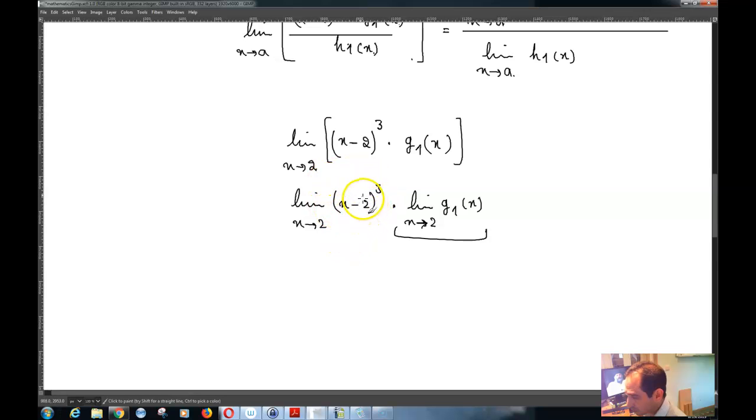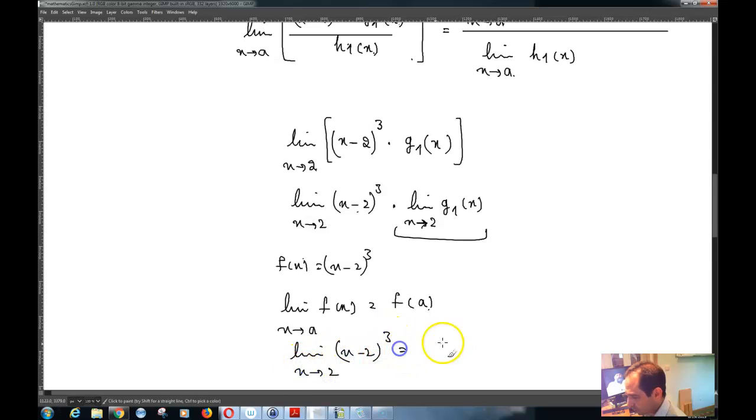Let's call it f(x) equal to (x − 2)^3. Now the limit of f(x) as x tends to a is equal to f(a). So the limit of (x − 2)^3 as x tends to 2 is 2 − 2 raised to the power 3, which is equal to 0. Right? That's equal to 0.